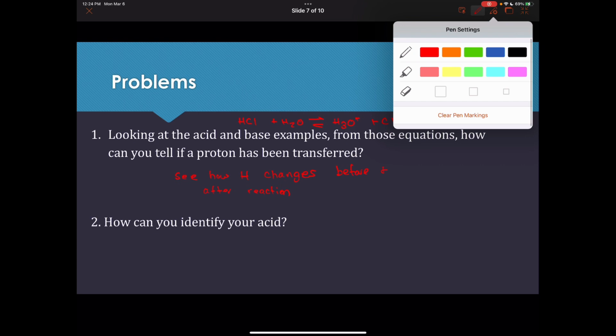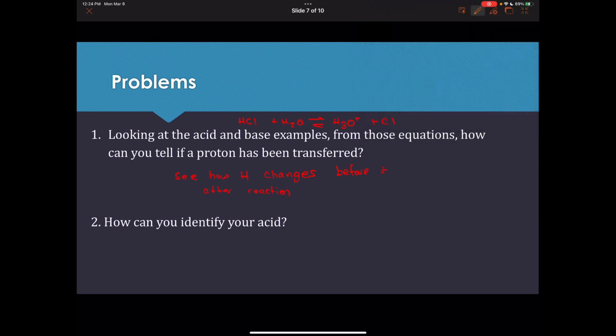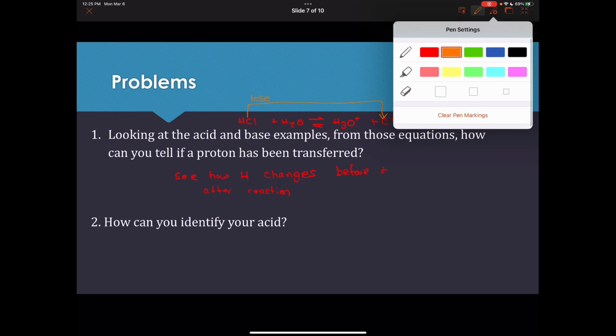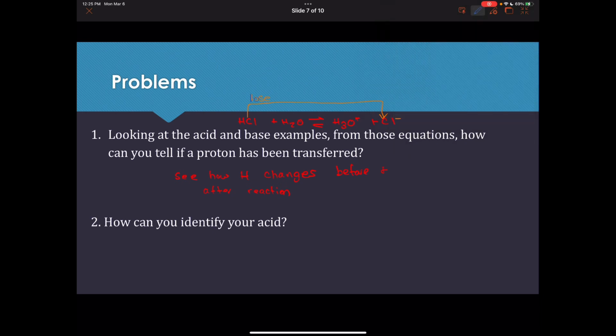So if we're defining our acid as being the proton donor, it's got to lose hydrogens during that reaction. So if we look at the HCl, it goes from HCl to Cl-. Here we have lost a hydrogen. We know we're losing hydrogen because our hydrogen count decreases, which means we are donating a hydrogen.